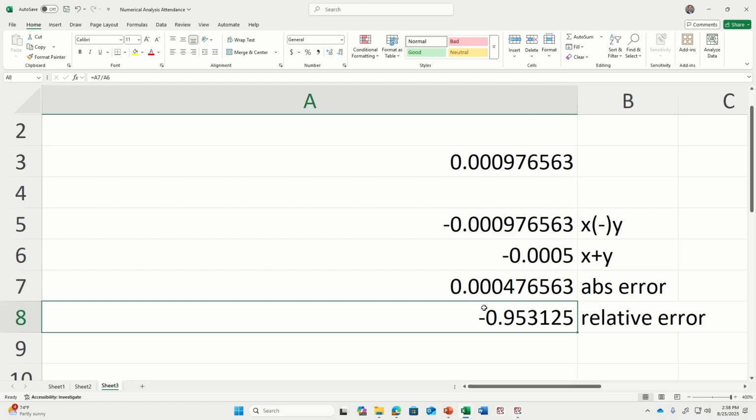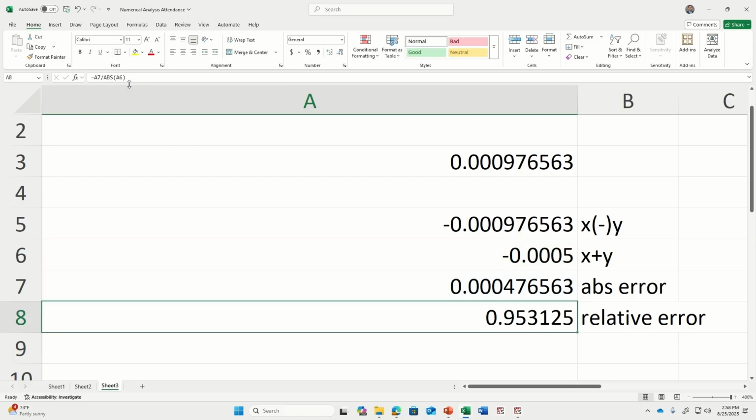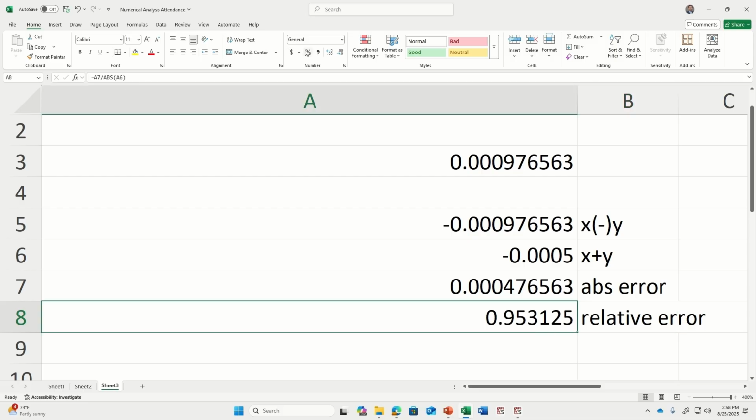What I care the most about is taking the absolute error and dividing it by the absolute value of the number I'm trying to represent to get my relative error. This is relative error as a decimal. A lot of times we like to talk about errors as a percent.